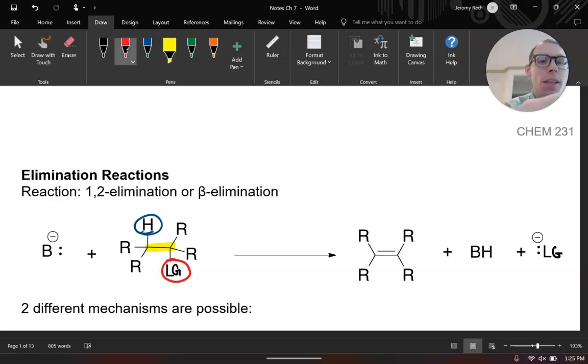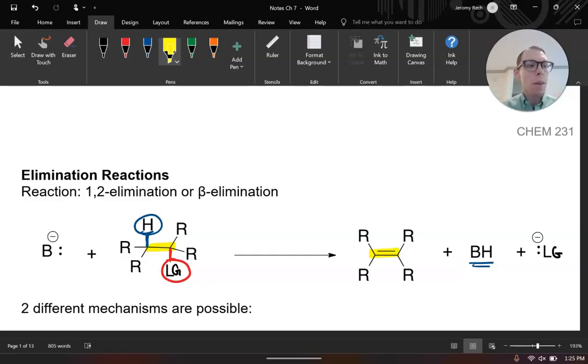So on the carbon one away from the one connected to your leaving group, you have a hydrogen. That hydrogen is going to be abstracted as a proton by your base, which forms your conjugate acid. Your leaving group is going to leave, and you're going to get a double bond at the location between your hydrogen and your leaving group.